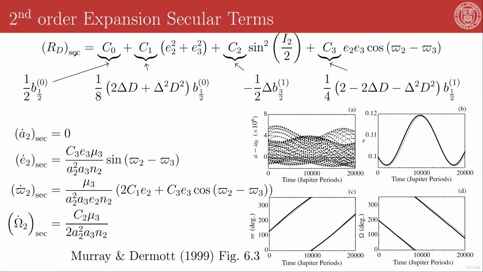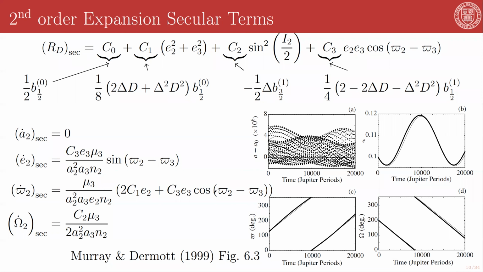We plug this into our linearized Lagrange planetary equations from the previous slide, and we find that we have 0 variation in the semi-major axis of body 2. We have e2 dot secular being given by this factor times the sine of varpi 2 minus varpi 3. Varpi 2 dot secular has a very similar form.